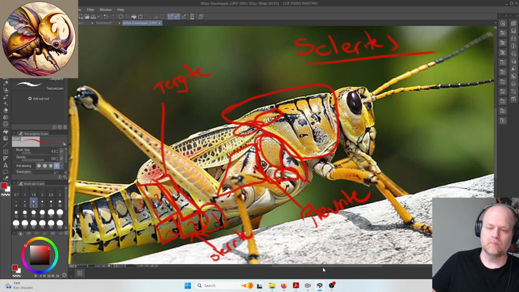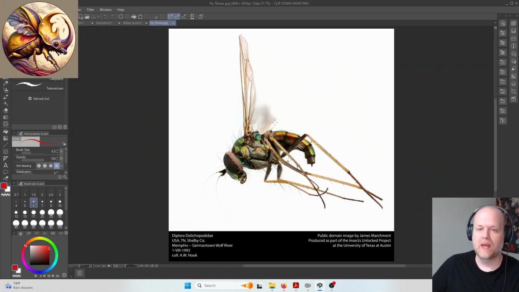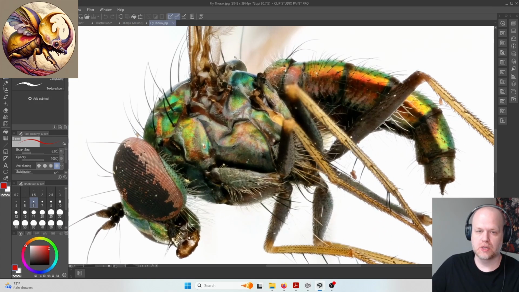On the higher order insects, like the flies and the wasps, when you look at their structures, they tend to have more plates than other insects. They generally have an extremely reinforced thorax, because they have such large flight muscles.